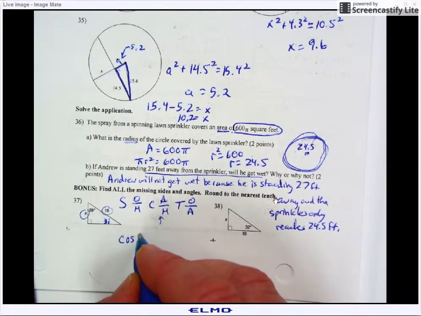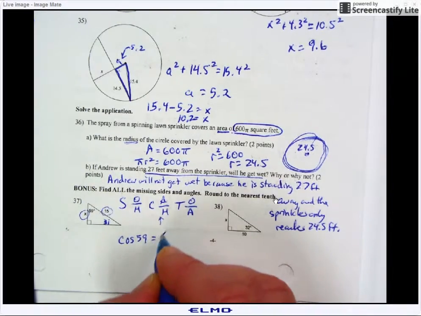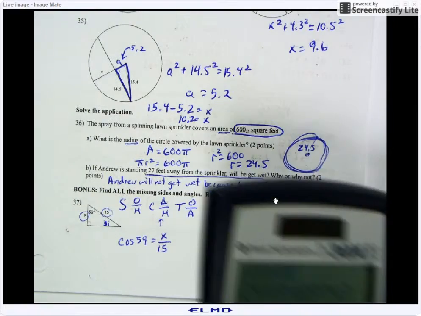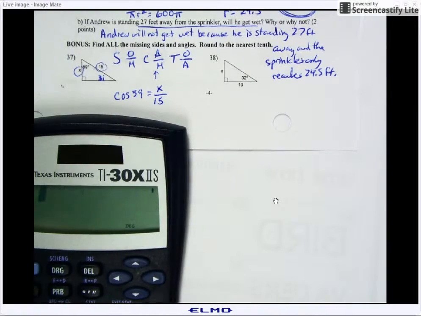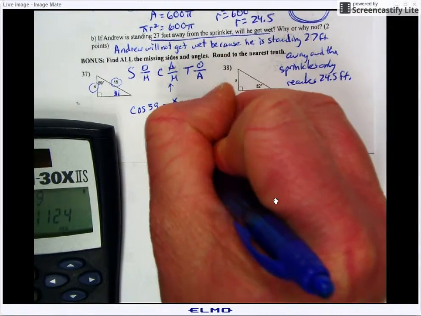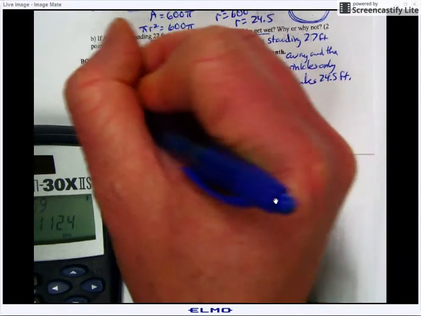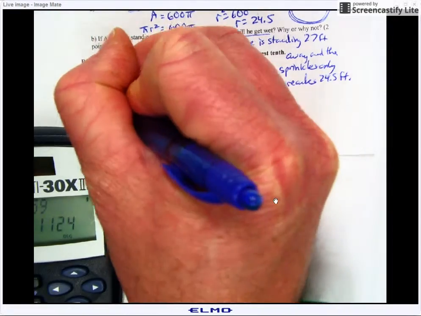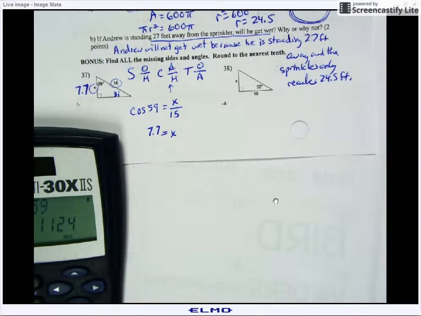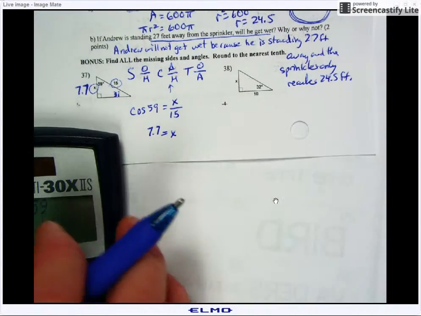So the cosine of 59 equals adjacent over hypotenuse. So I'm going to take 15 times the cosine of 59. And that is 7.7. The second step, you can either use Pythagorean theorem or you can use trig again. I'm going to use Pythagorean theorem.